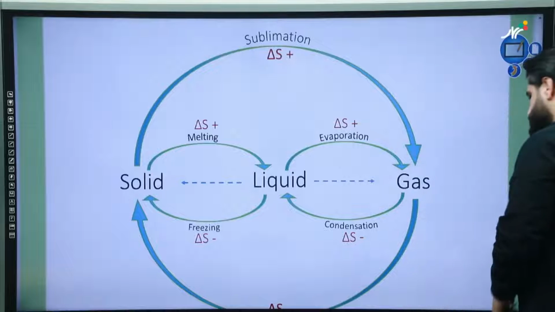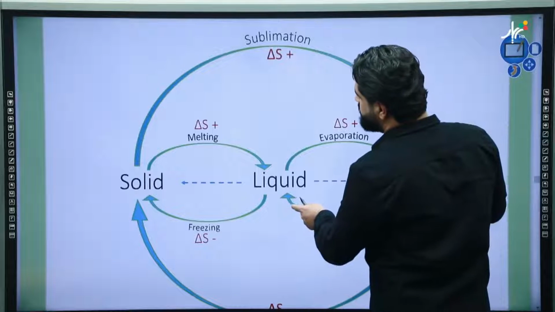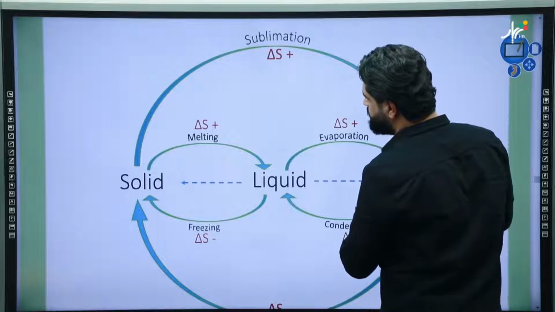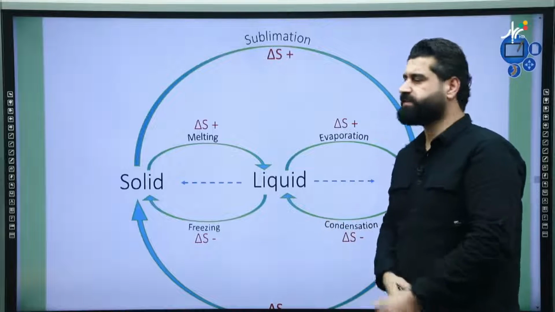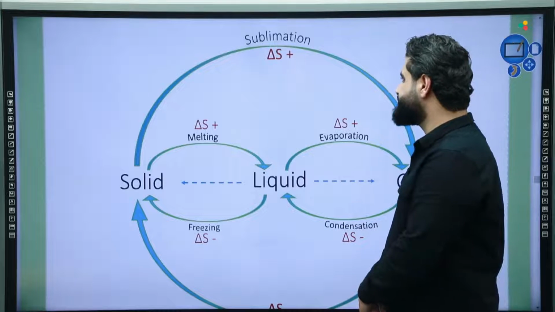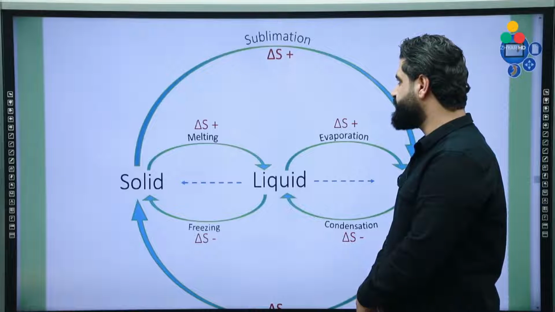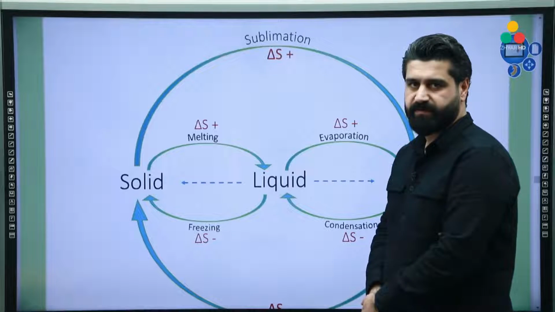The first step, you have to focus on the physical states, okay? Physical states are very important so that we can identify the arithmetic sign of delta S very easily.